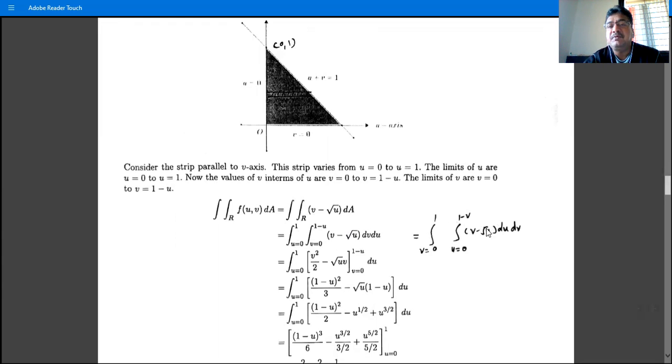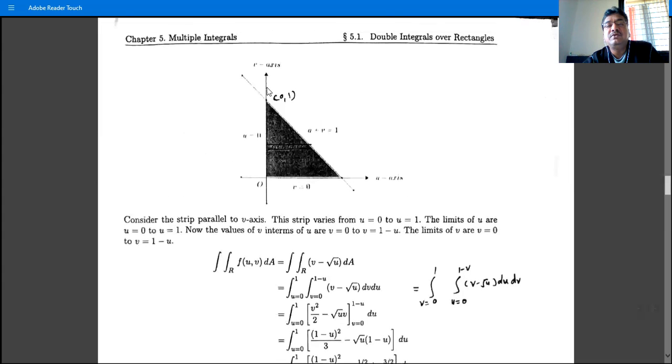So if we have to integrate with respect to u first, then there is no change in the function, v minus root u as it is, and the limit is on u first. So u runs from what to what, and v runs from what to what? Take a strip parallel to u axis. One end touches the line u is equal to 0, which is the equation of v axis.